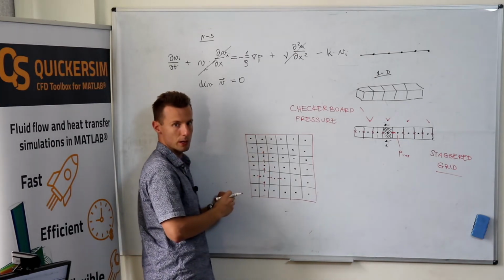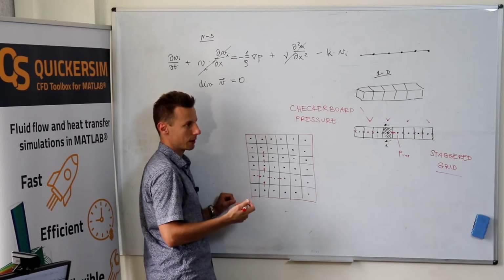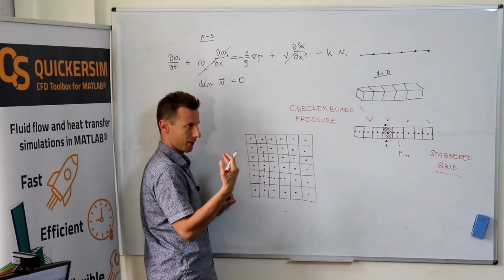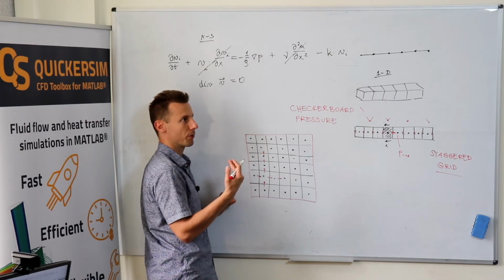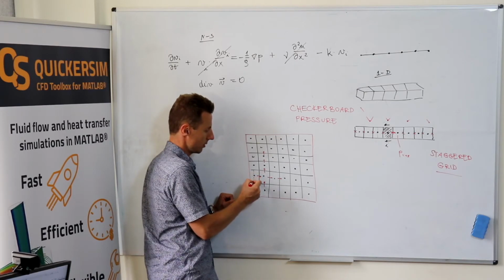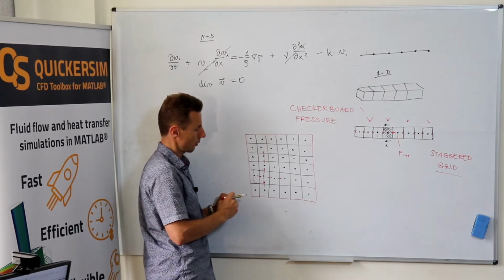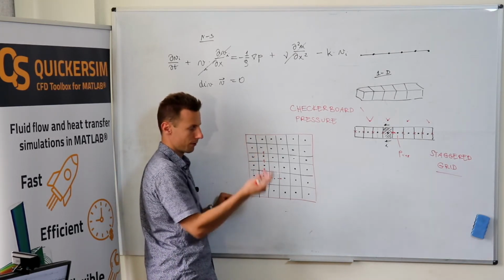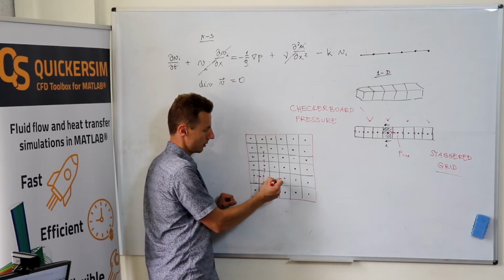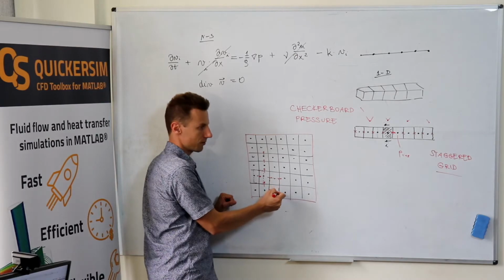If you want to discretize the Navier-Stokes equations, then when you're discretizing the scalar momentum equation for the x velocity component, you need to imagine such a finite volume. When you're writing the equations for the y velocity component, you need to imagine such a finite volume.